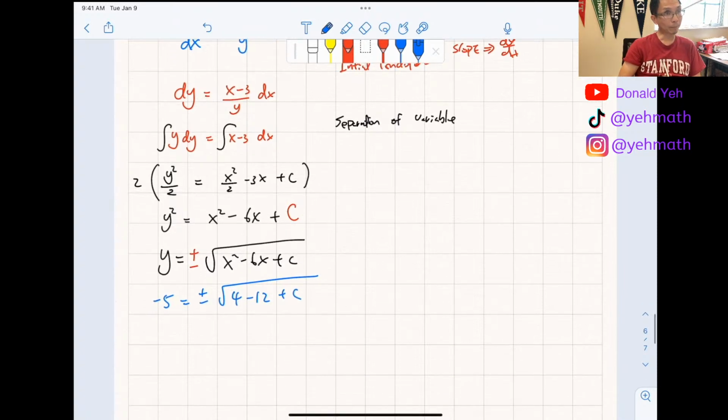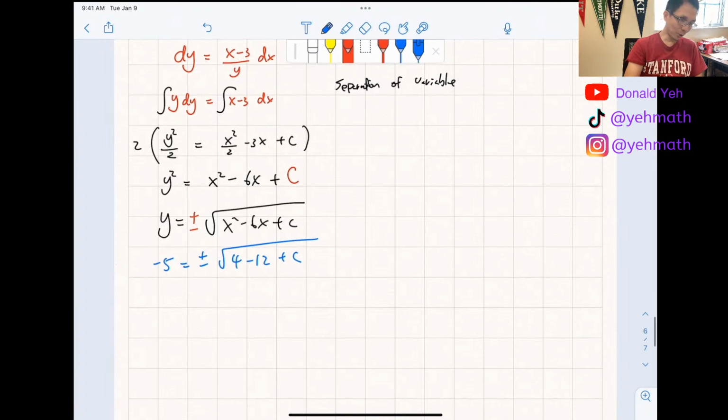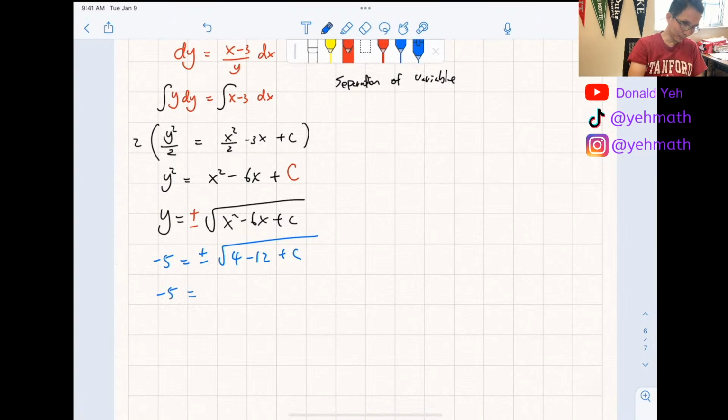Now, guess what? Do I choose a plus or do I choose a negative? I cannot choose a plus, because if I choose a plus, if I square root the right side, then I got plus. It's not going to give me -5. So I had to pick the negative sides. So does that make sense? And square both sides.